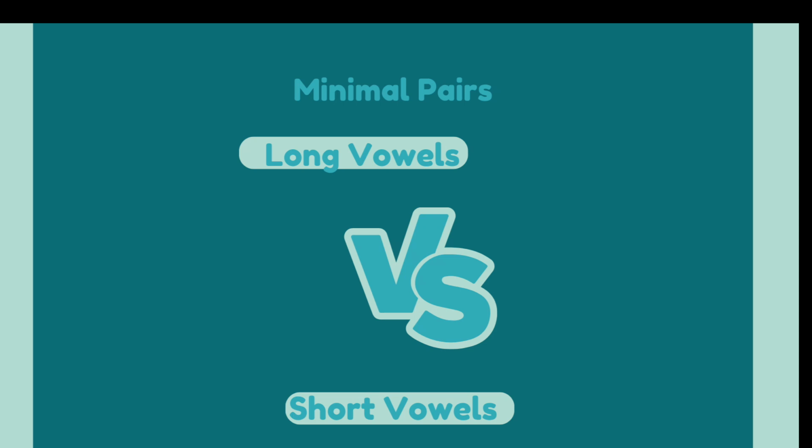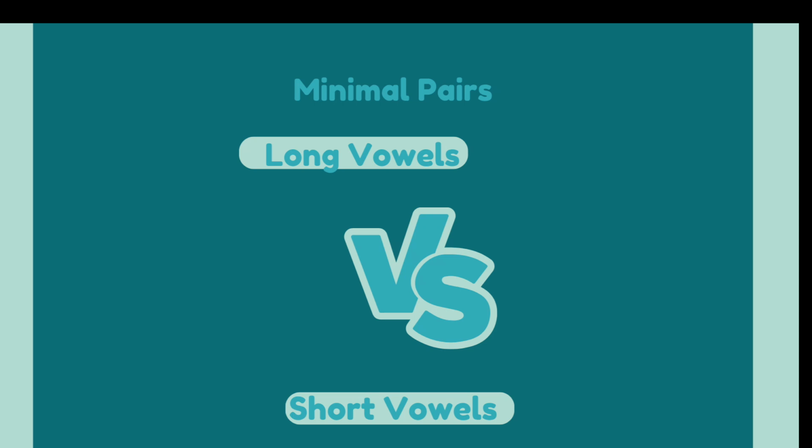So in today's class, we will be looking at the topic minimal pairs. That is, we want to compare between a short vowel and a long vowel sound. Okay, so can you differentiate between the two words ship and sheep? Ship and sheep.